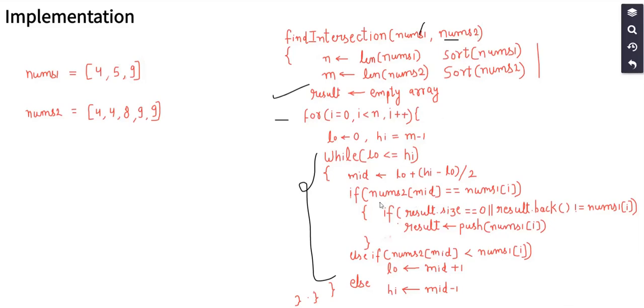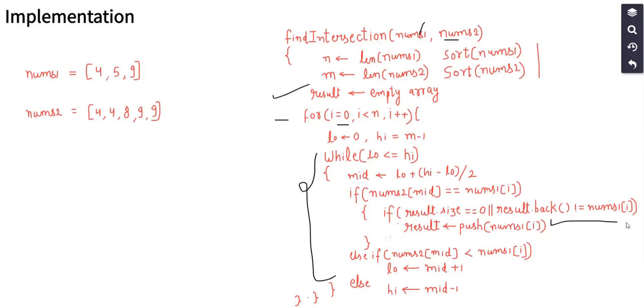If it exists, here the element at mid is matching with the element we are searching for, and if that is the case, then if this is the first element that we have found, push it. Otherwise, if the last element that we inserted in the resultant array is not equal to this, push it.